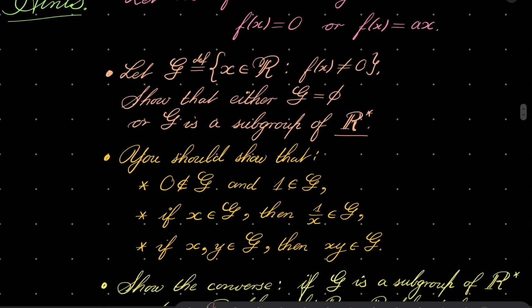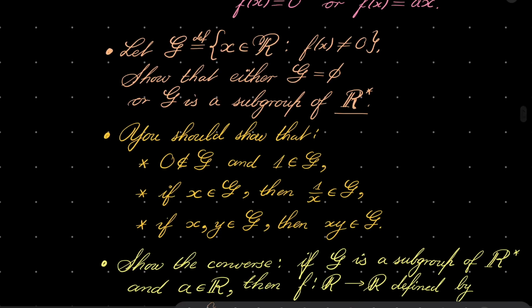Well, subgroup should satisfy these conditions. First, 0 should not be in our subgroup, 1 should. If some element is in our subgroup, then its inverse should also be in our subgroup. And if two elements are in our subgroup, then their product should also be in this subgroup.